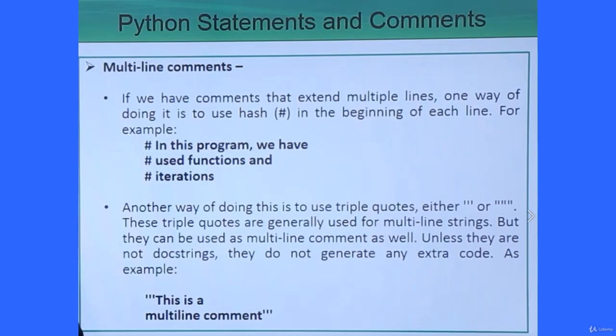As an example, here you see a multi-line comment. I can have multiple lines, but the first line is preceded by three single quotes, and the last line has three single quotes at the end. We can also use double quotes in place of single quotes, but in both cases we use them three times. That is the way to write a multi-line comment.